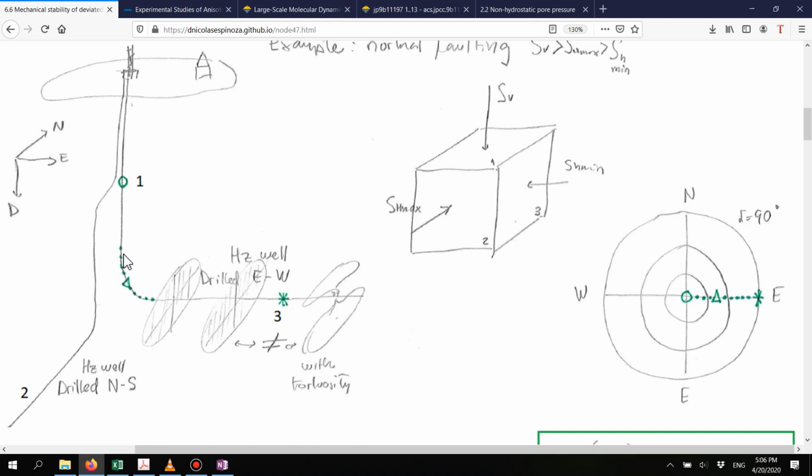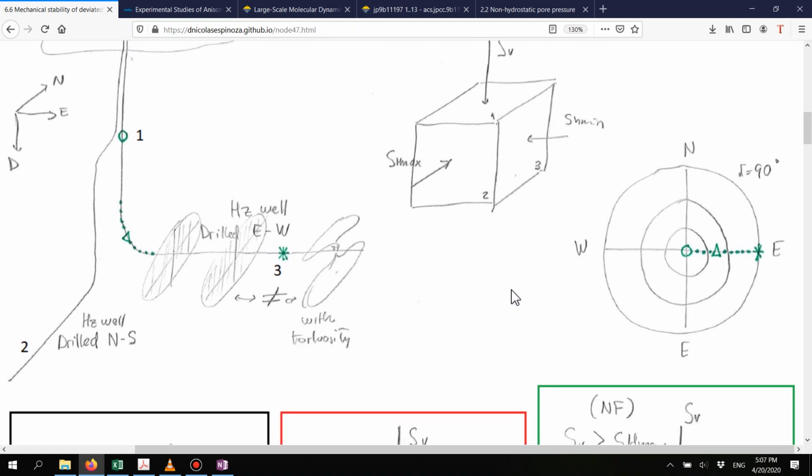And notice that all these points follow the local orientation of the wellbore. They plot local conditions, not the secant values. So this is the tangent. Here you obtain the tangent of the orientation of the wellbore, which is not the same as a secant value, which goes from the origin to a particular point.